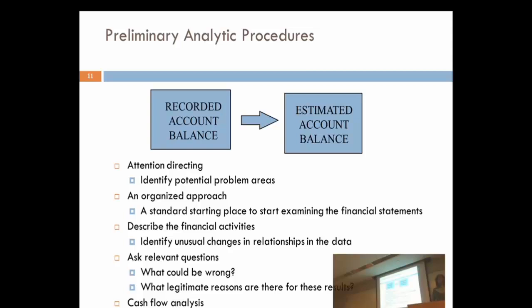So, for example, if you see that property, plant, and equipment, let's say, if you see that debt went up a couple of $1 million in 1 year, that's going to raise a red flag, or it's going to get your attention. However, if you read in the board of director minutes that they got a line of credit increase, well, that would account for the increase in the debt.